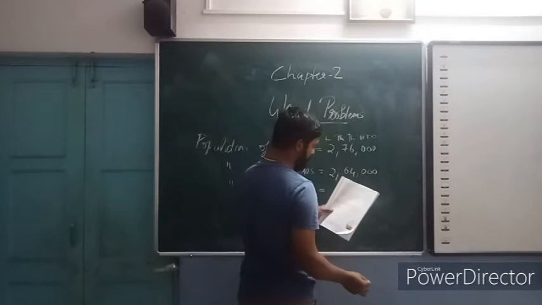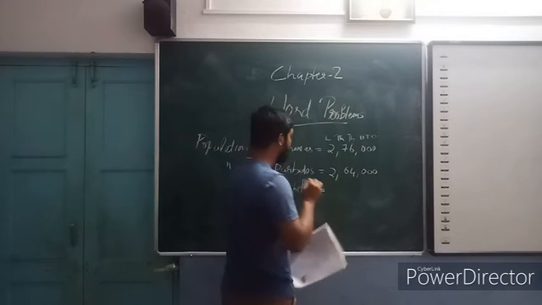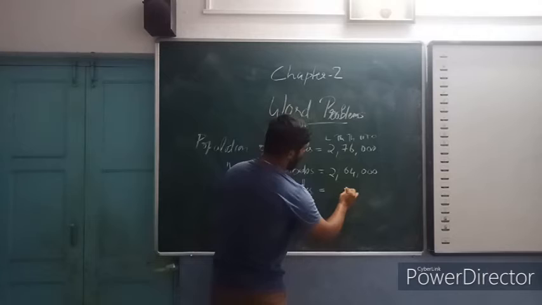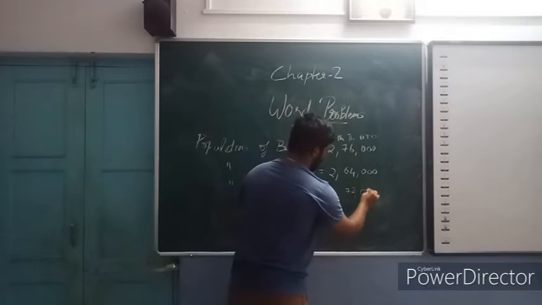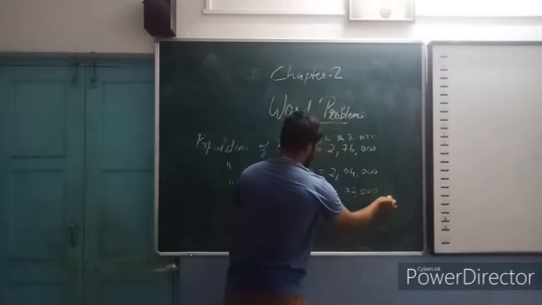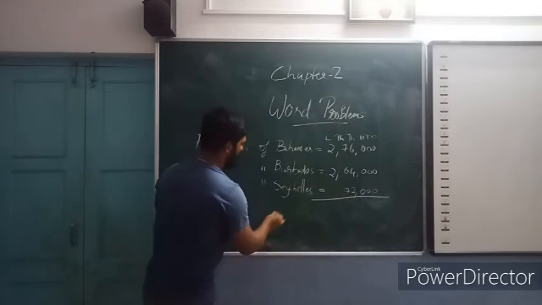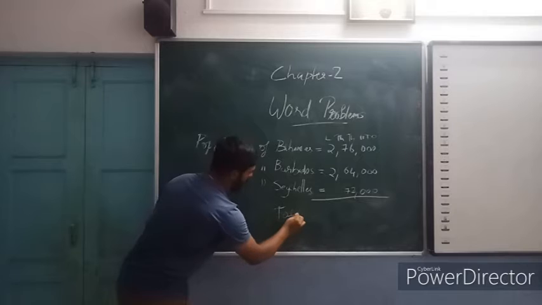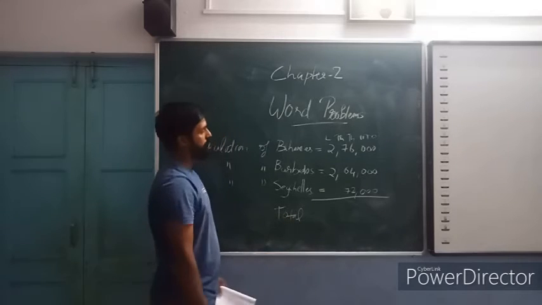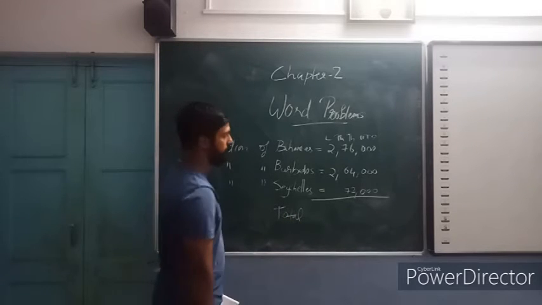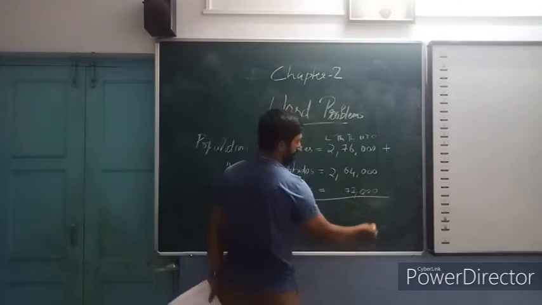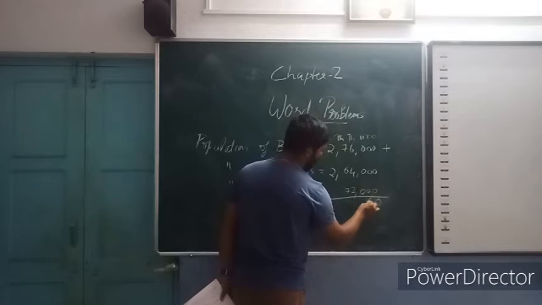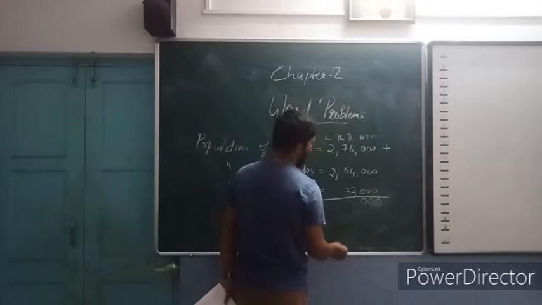How much is it given? You have to carefully see, it is 72,000. So where should it come? It should come under ten thousands. Now they have asked for the total population of all these 3 countries in that year. So what operation do we put here? It is addition.